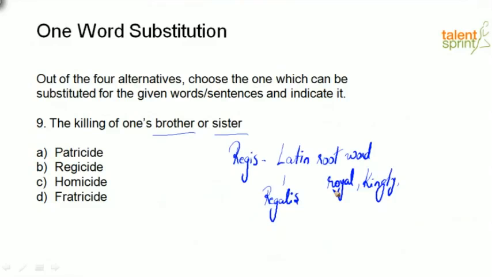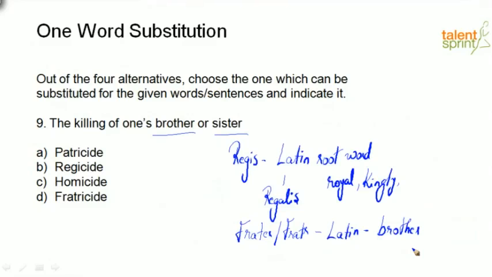Now what you need to understand is the word fraternity. I'm sure you would have heard of this word, right? The root of this word again is Latin. It means brother. So other words that you could be familiar with are fraternal, fraternity. So fraternity is nothing but the quality or condition of being brothers, brotherliness.